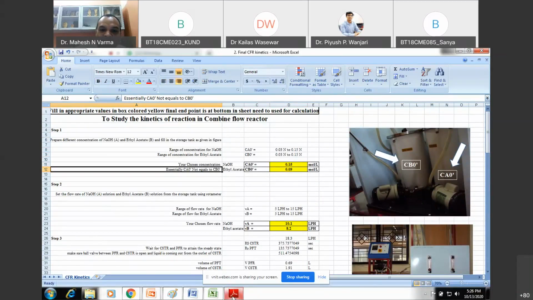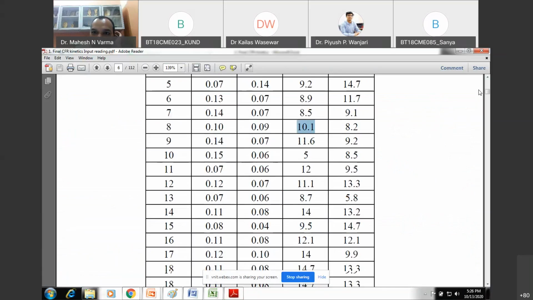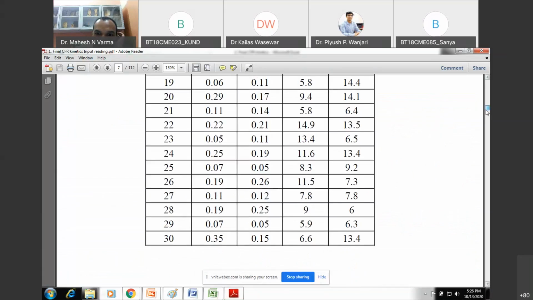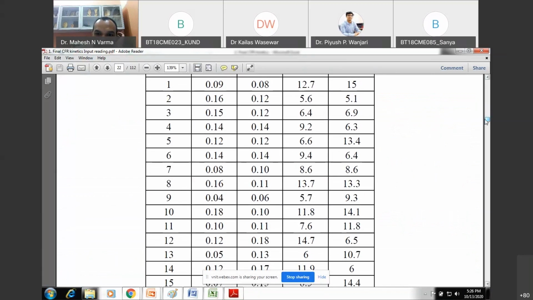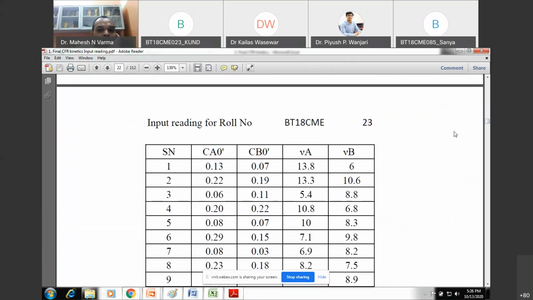What is your roll number? 23? So I will go to roll number 23. So this is 22. You need to do this for this. This is your input reading. What is your serial number one?